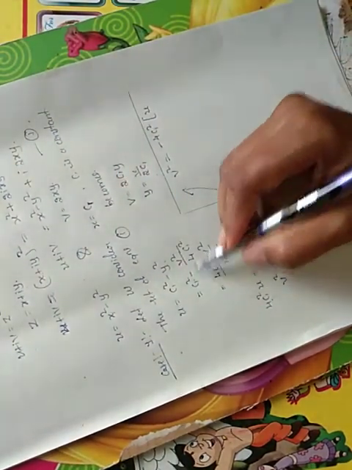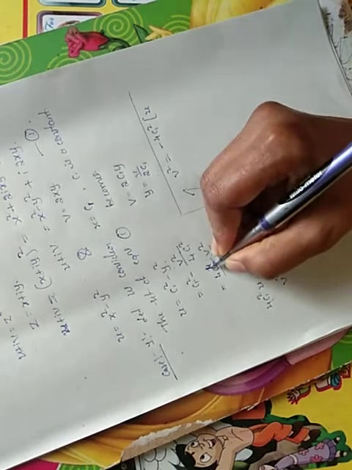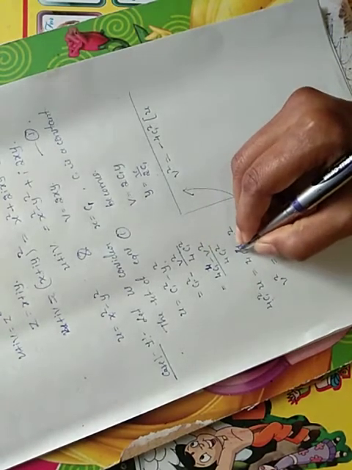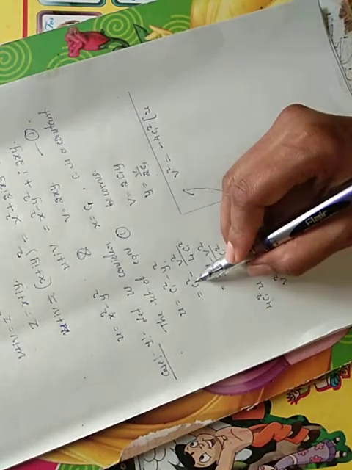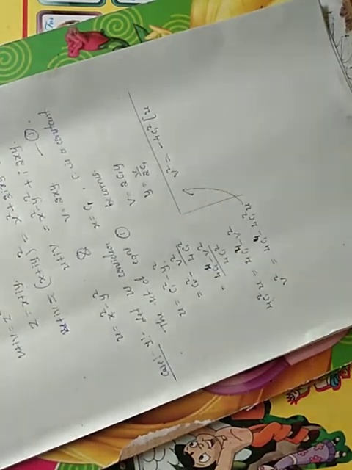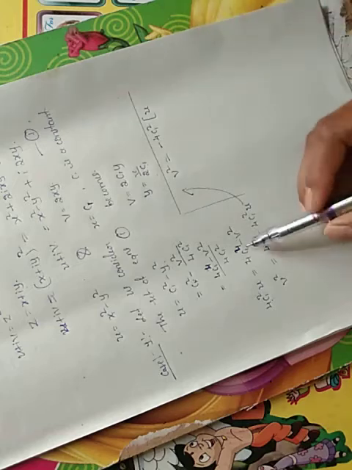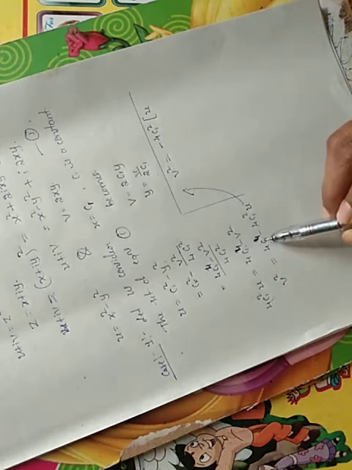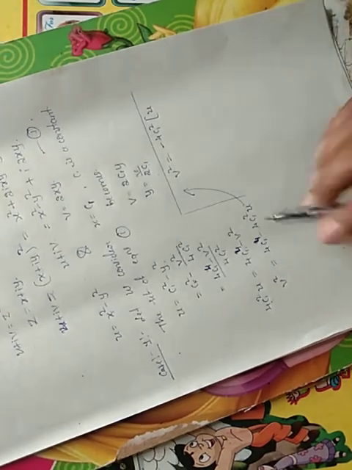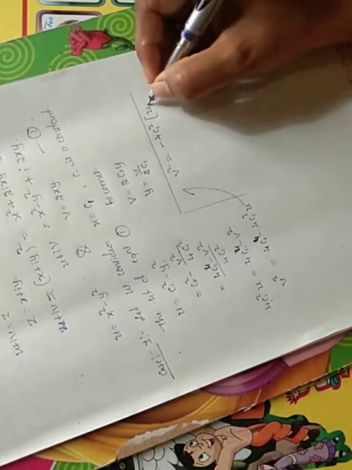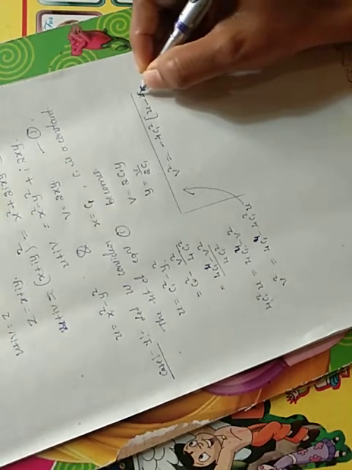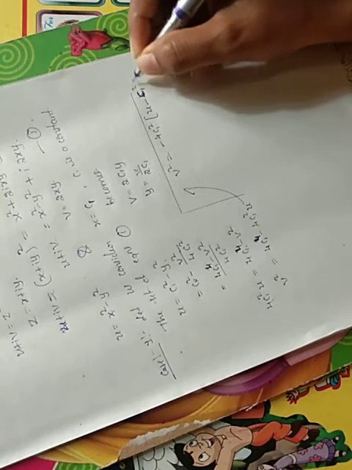Sorry, here 4c1 square into c1 square is 4c1 raised to 4, because c1 square is already there. So if we take 4c1 square outside as common, the remaining is 4c1 square inside, but the plus becomes a minus.